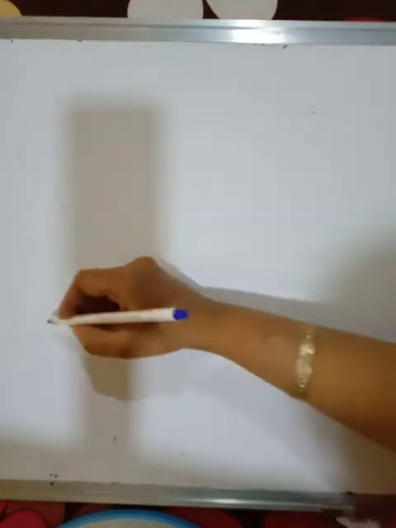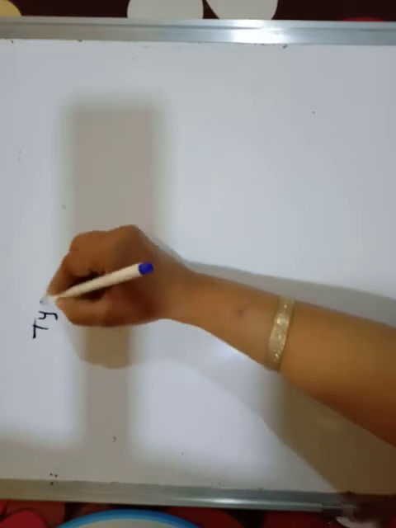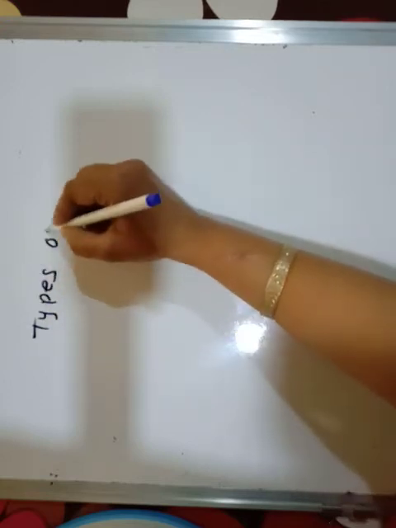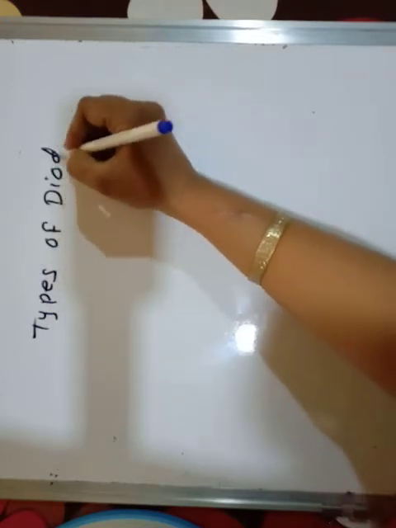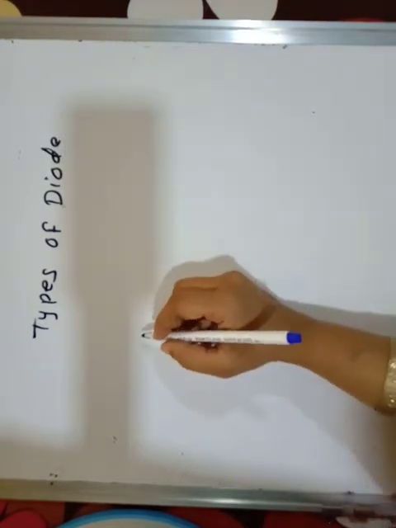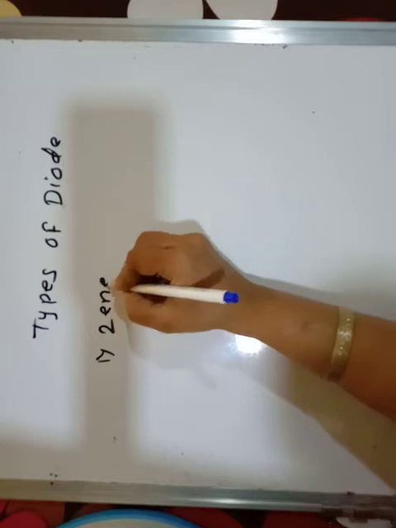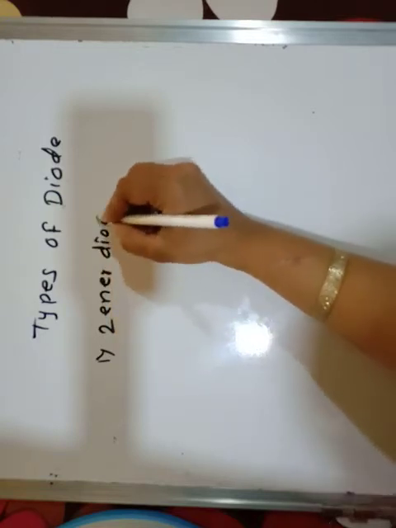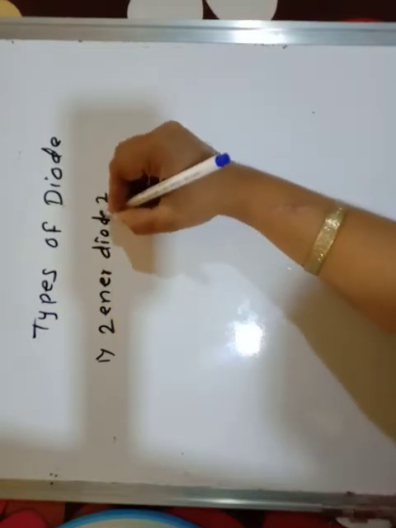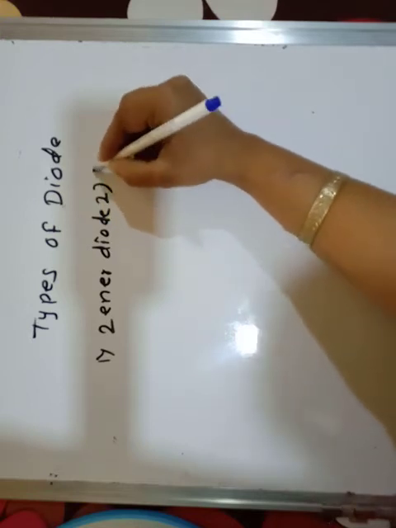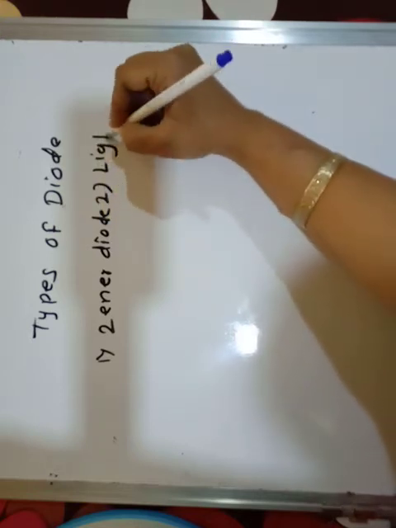So we'll see the types of diode. In case of types of diode, number one is the Zener diode. Then you have the light emitting diode, that is LED.